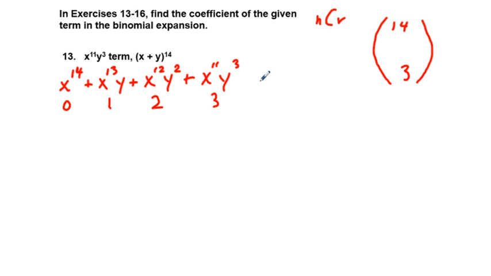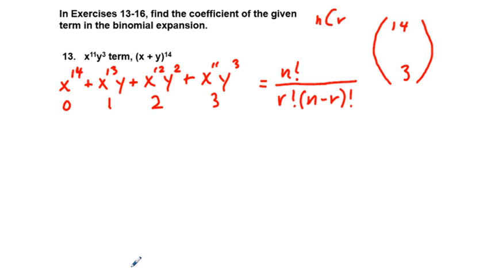And to write this in our binomial formula, n factorial over r factorial times quantity n minus r factorial, we could do it like this with the 14 and 3. We could also put this in our calculator. Anyway, we're going to find out what that is. The coefficient is going to be what we calculate here.